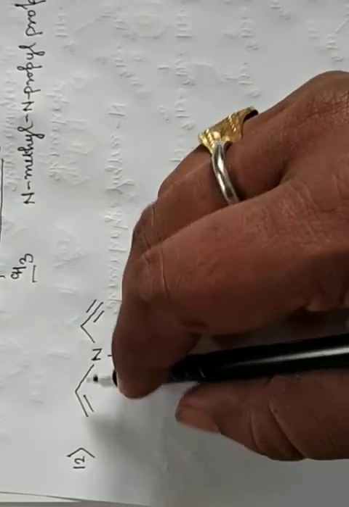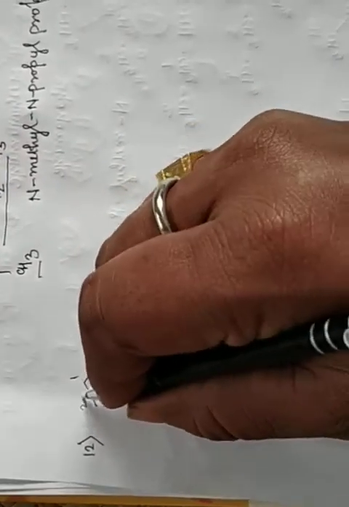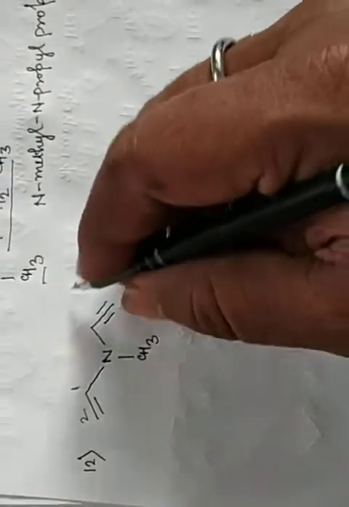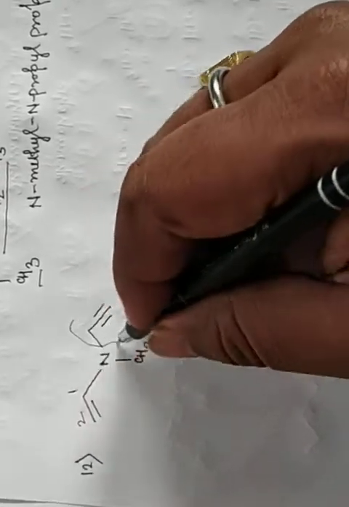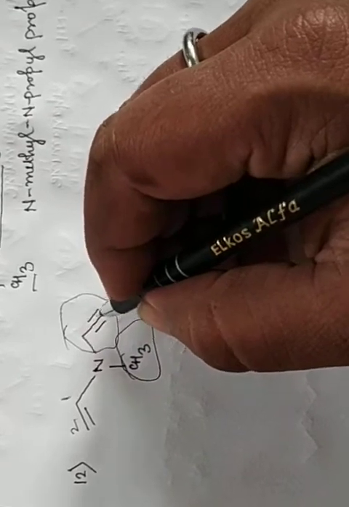Okay. Now the last example of amine, there's a triple bond, there's a double bond. You know very well the same carbon has double bond or triple bond, so the priority of double bond is first. So 1, 2. So this is what? Substituent. Yeah, this is a substituent. This is also a substituent. So this is an ethynyl.